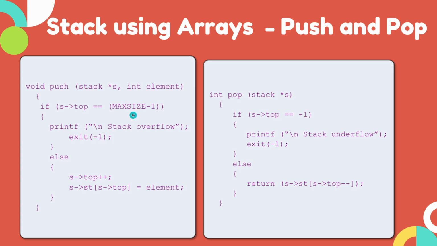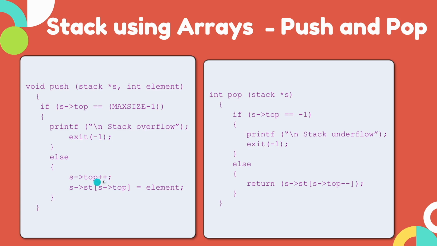So, its index would span from 0 to 99. I am checking whether top is pointing to the 99th index. If so, we have reached the maximum limit, and if this condition is true, then we print stack overflow and return with an error message. Otherwise, we increment top by 1.